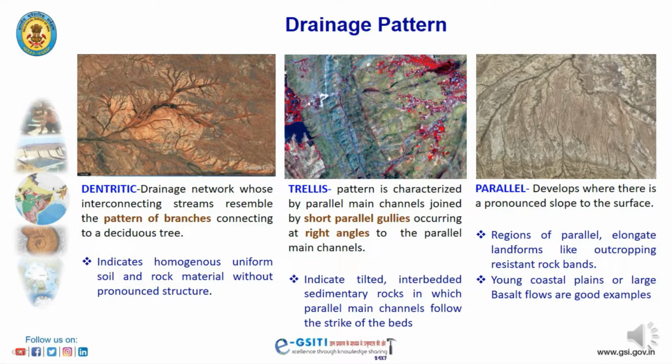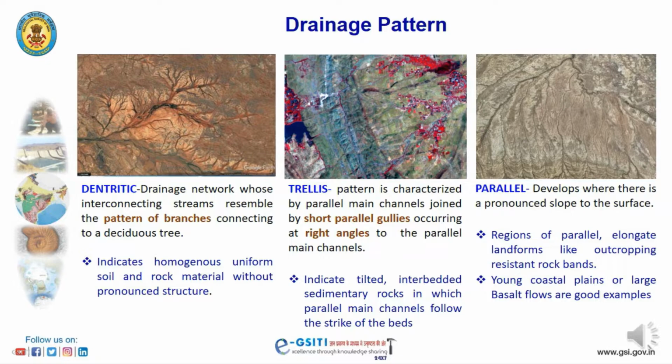Trellis drainage pattern is characterized by parallel main channels joined by short parallel gullies occurring at right angles to the parallel main channel. They indicate tilted or interbedded sedimentary rocks. Parallel drainage pattern.